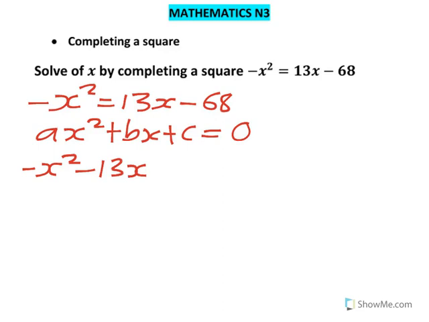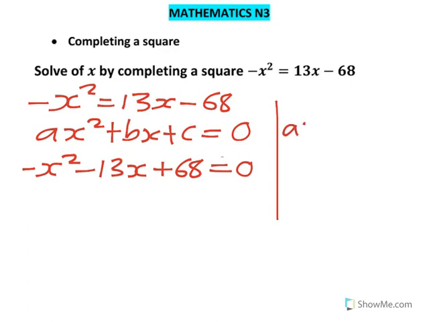You can leave 68 on the other side, you'll have minus 68 if you follow the second version of my method. Let's continue as ax squared plus bx plus c, so it will be plus 68 equal to 0.